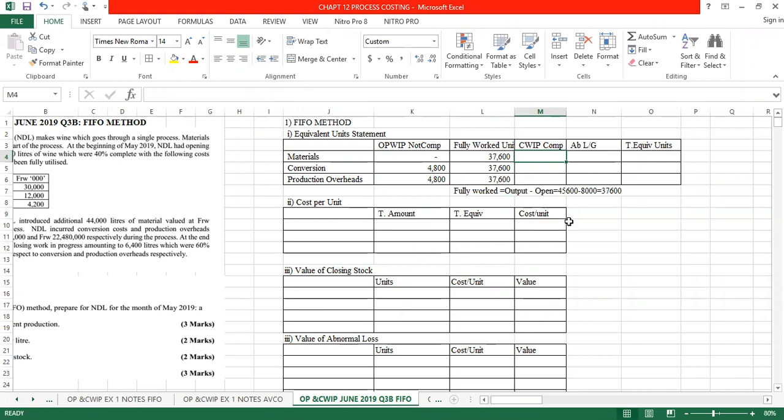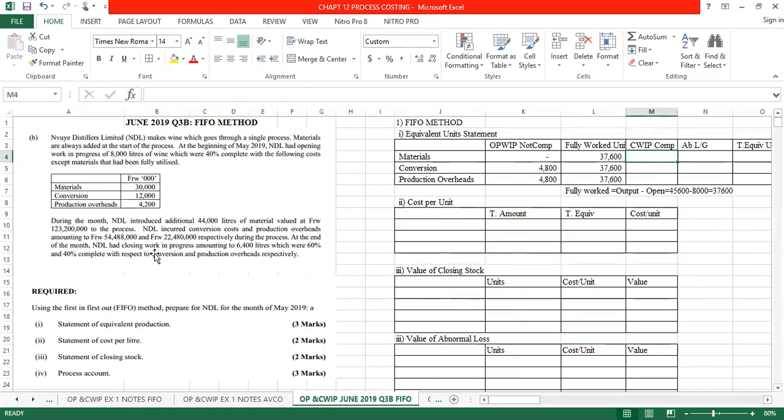Closing work in progress is what percent complete? Somebody to read for me. Okay, sorry for that interruption.